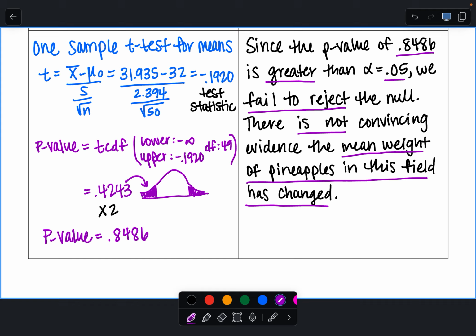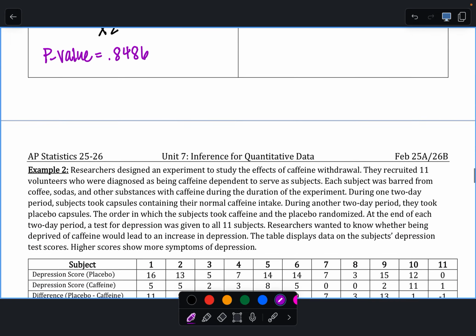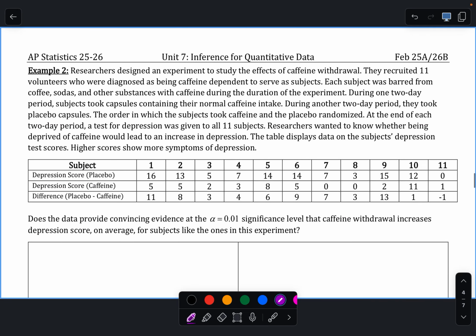But I can have husbands and wives paired together because a lot of the time they do have very similar qualities. They're close to different types of food. They eat at home versus they eat out. So all of those things, because they play factors, we go into matched pairs instead of treating them as two completely separate groups because of all of those other factors that can affect what we're looking at.